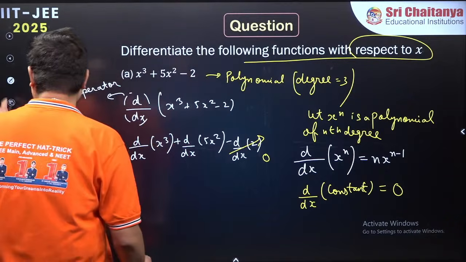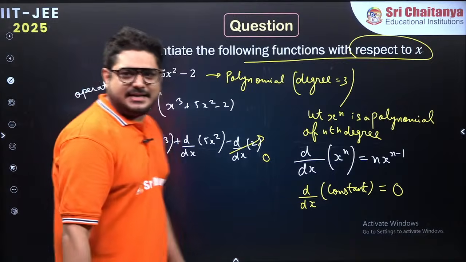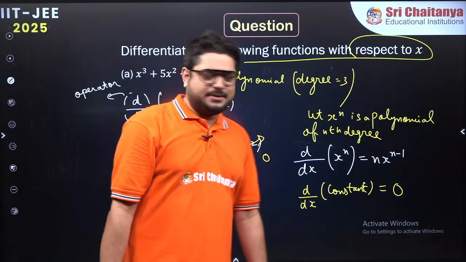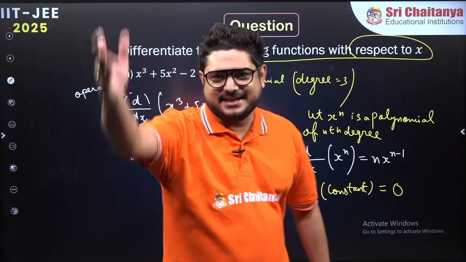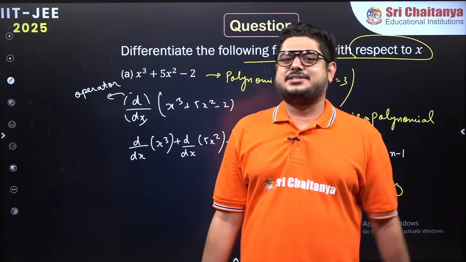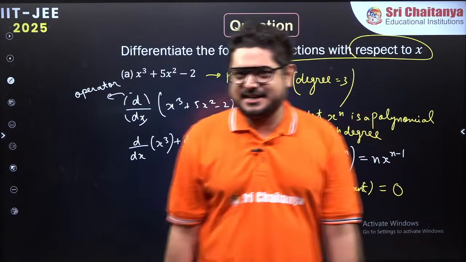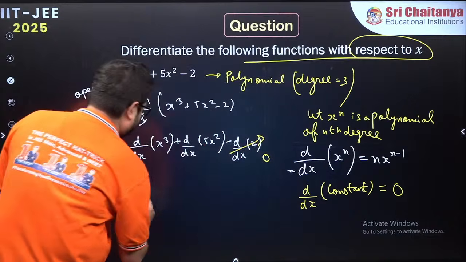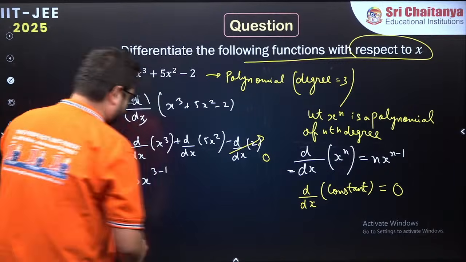Now let's try to solve this. What is going to be d by dx of x cube? Once again it's a polynomial. Most of you have already answered that it's a polynomial of degree 3, isn't it? So I can use this formula over here and write 3x to the power of 3 minus 1.